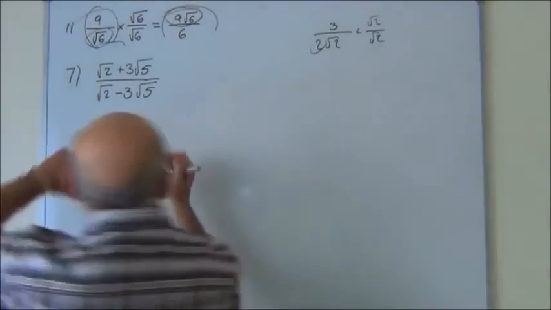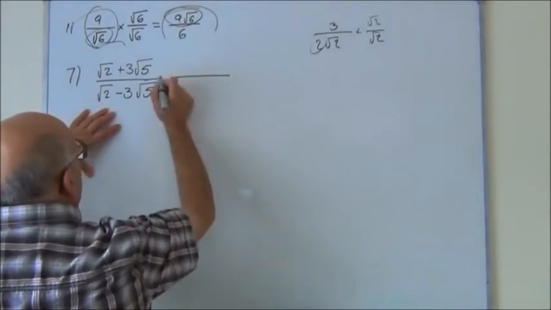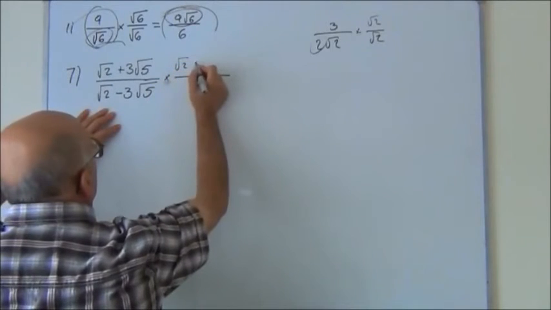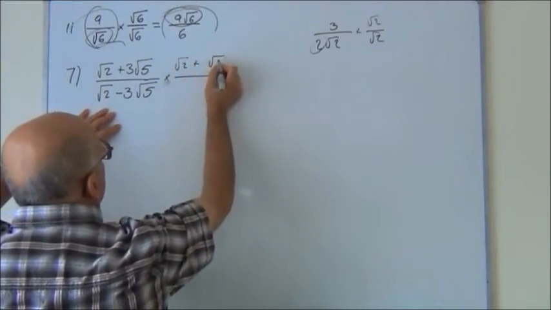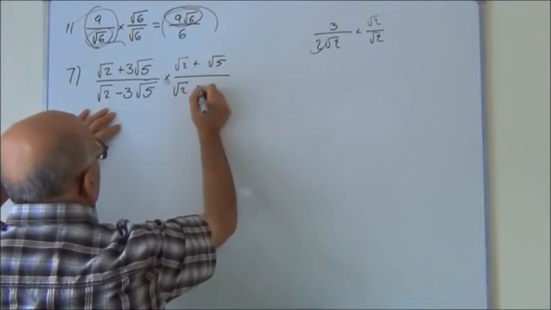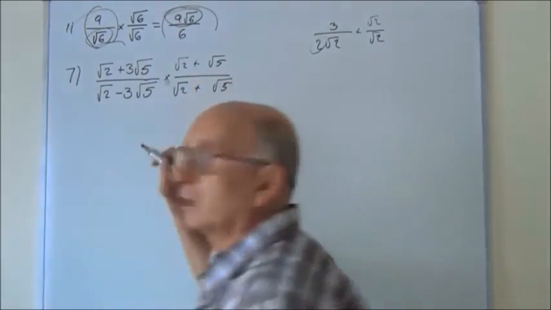Be careful here, you can't multiply this by root 2 plus root 5 on root 2 plus root 5.